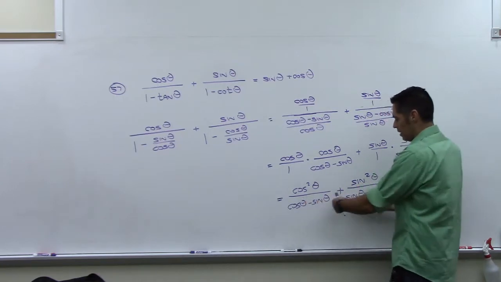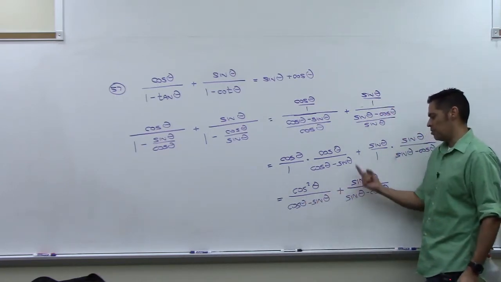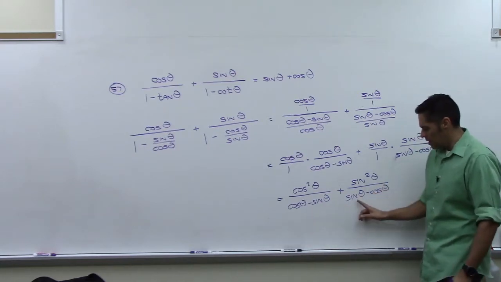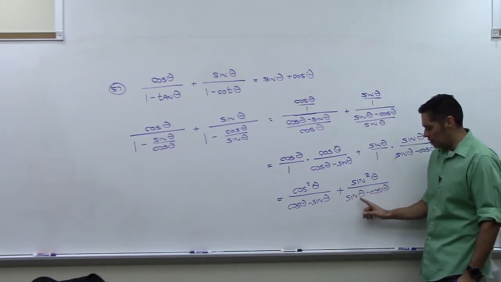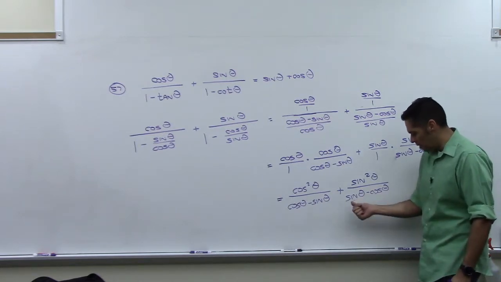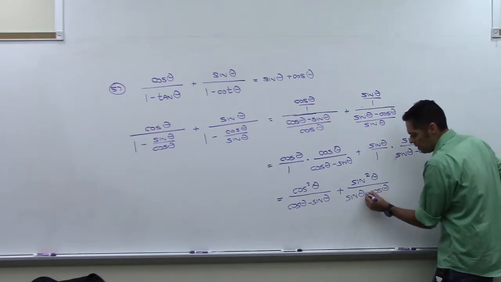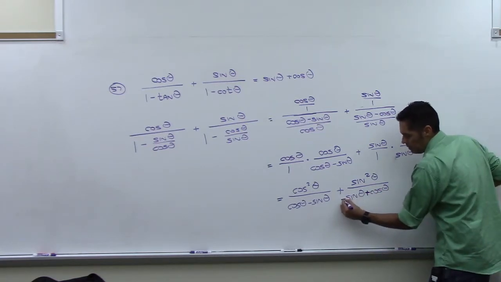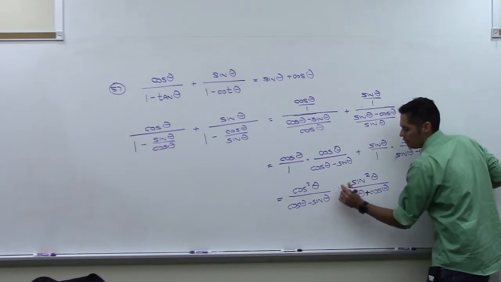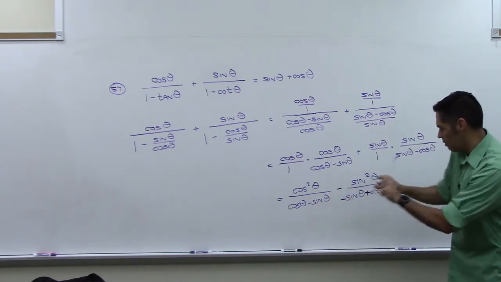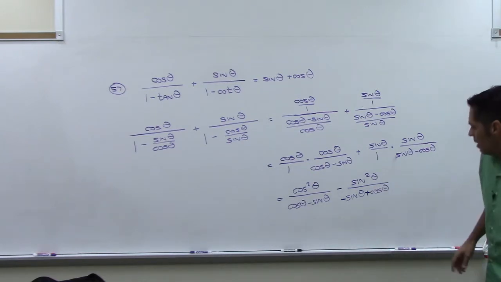If they were, I could put them together, and then this would be this plus this, which would be 1, but it's not. The only way to make these two look the same is to factor a negative out. So if I take a negative out of here and here, this will become negative, that will become positive. So let me pull that negative out. It's going to become positive here, and that'll become negative here, but then the negative came out, so that'll be a minus there. Now the denominators are the same. I know they're not ordered the same, but they are the exact same thing.